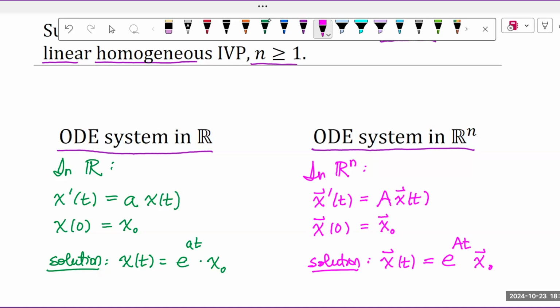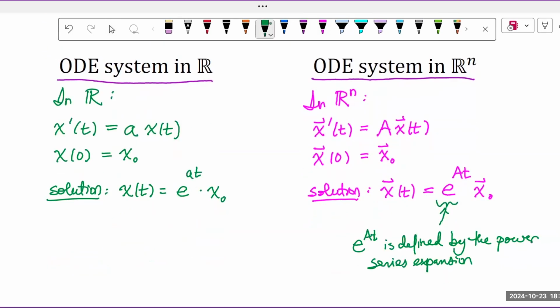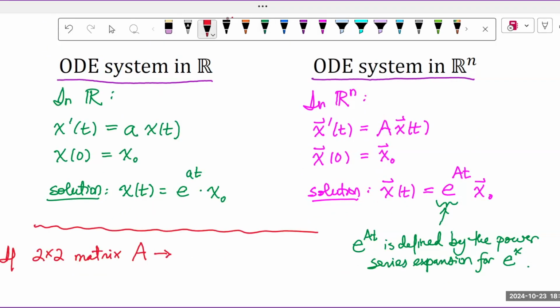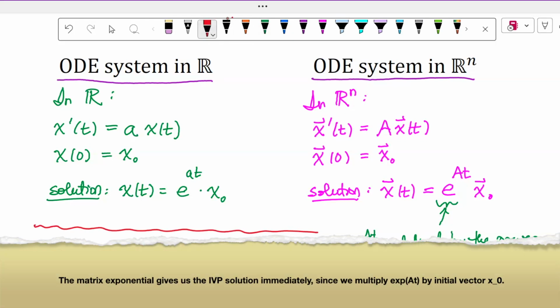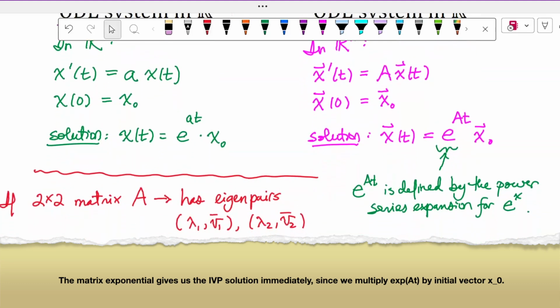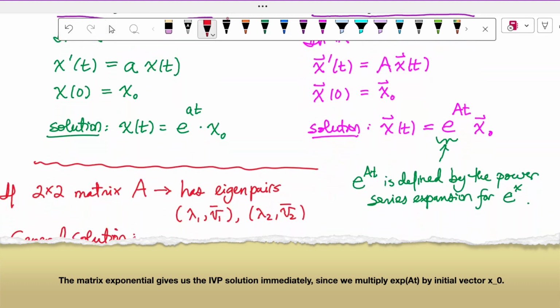And of course, our matrix e to the At is defined by the power series expansion for e to the x. So the particular usefulness of using the matrix exponential is that we immediately get the solution to the ODE in terms of the initial condition x naught.